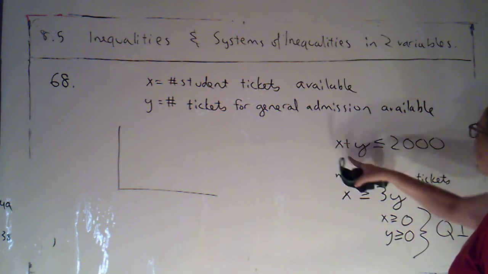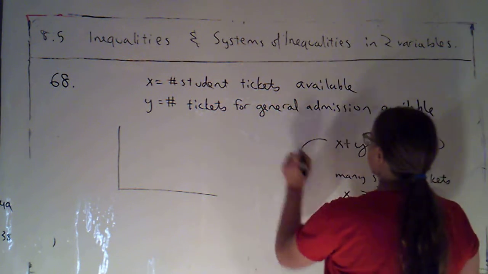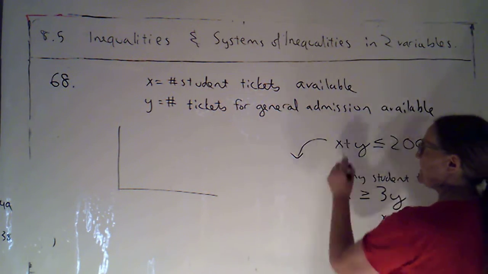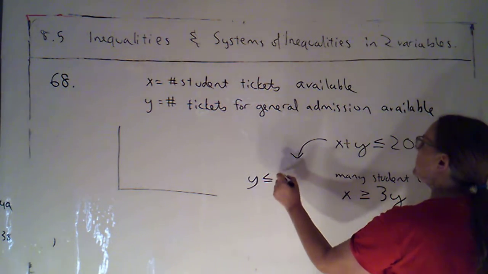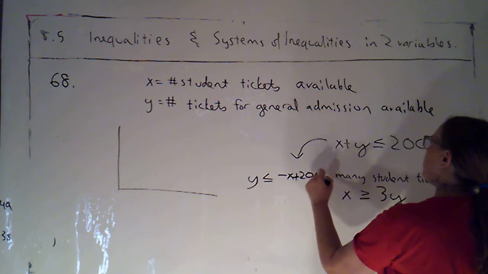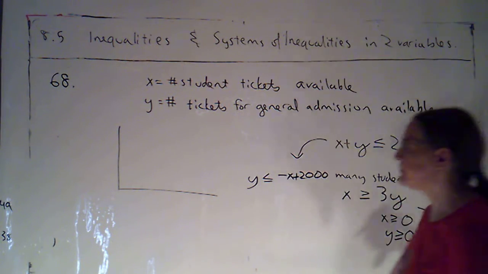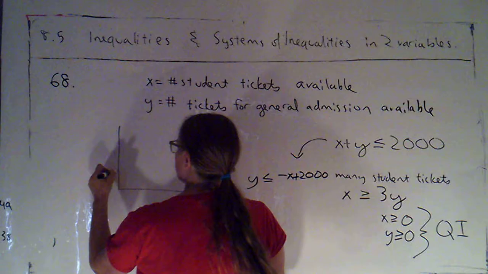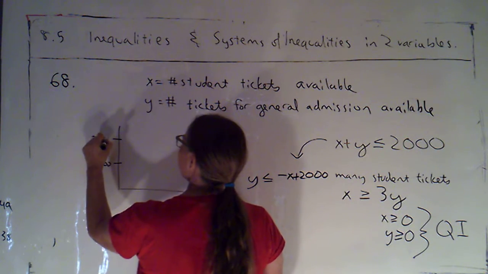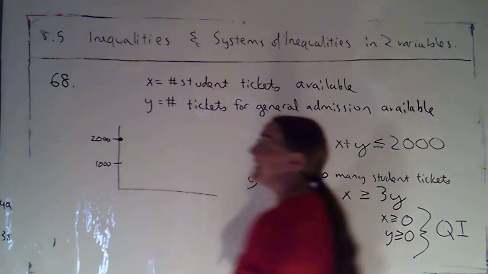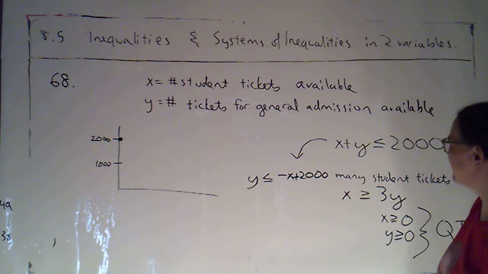Okay, now for this one, I'm going to go ahead and get y by itself. So I'm going to subtract over the x. So y would be less than or equal to negative x plus 2,000. So let's see. I'm going to just let this be 1,000, 2,000. So my y-intercept here is at 0, 2,000.